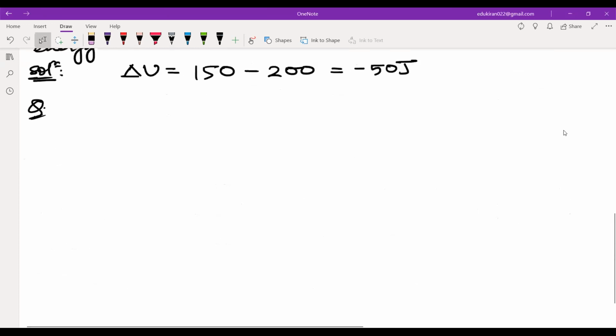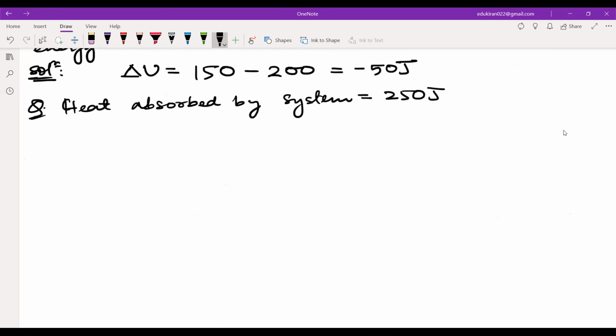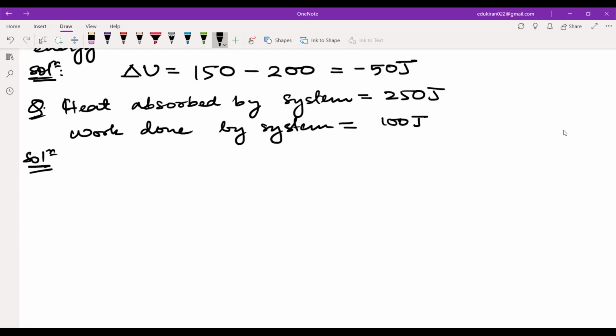Write another question. Mazia will tell the answer, others you don't have to tell the answer. You have to calculate the internal energy change, okay?